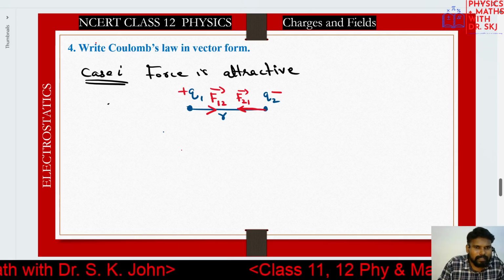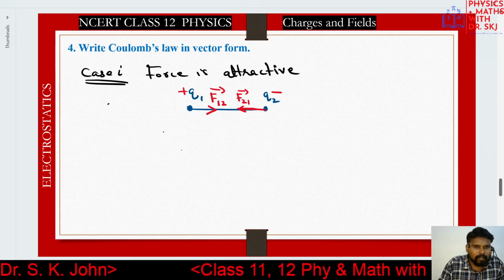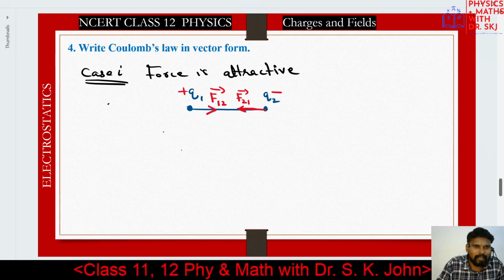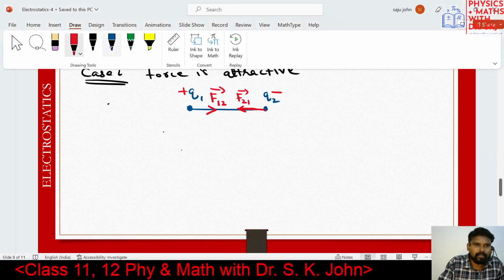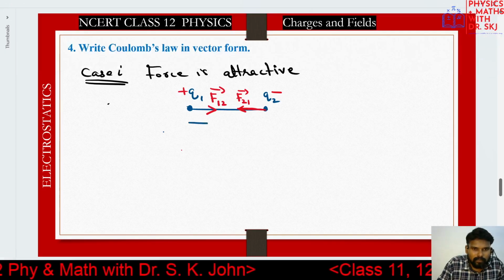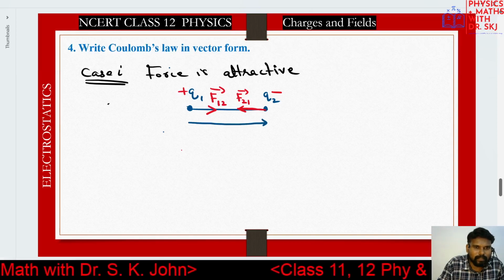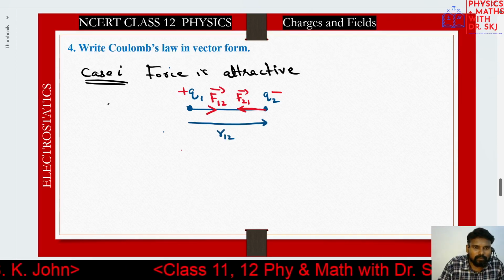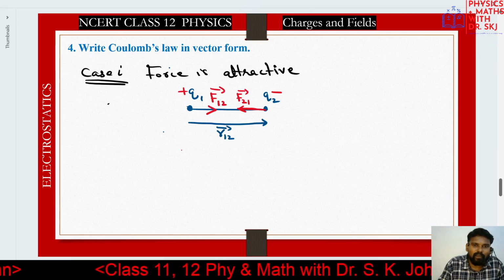So here the distance is R, but I want to consider the distance as a vector. If I consider the distance from 1 to 2, it is R12, because it is a vector drawn from 1 to 2.